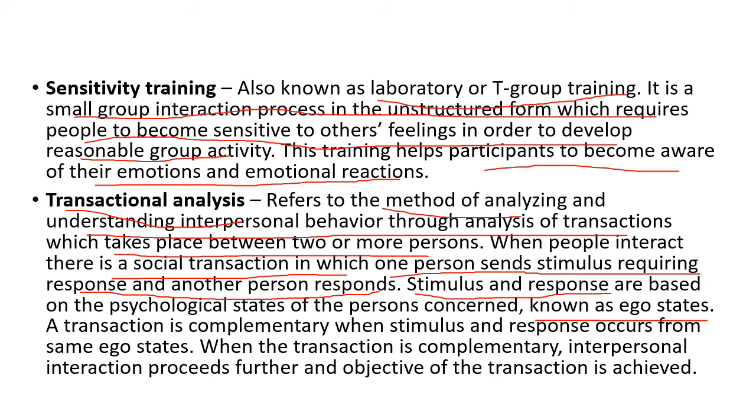A transaction is complementary when stimulus and response occur from the same ego states. Okay, it is complementary, that is, they complete each other kind of. When the transaction is complementary, interpersonal interaction proceeds further and the objective of the transaction is achieved.